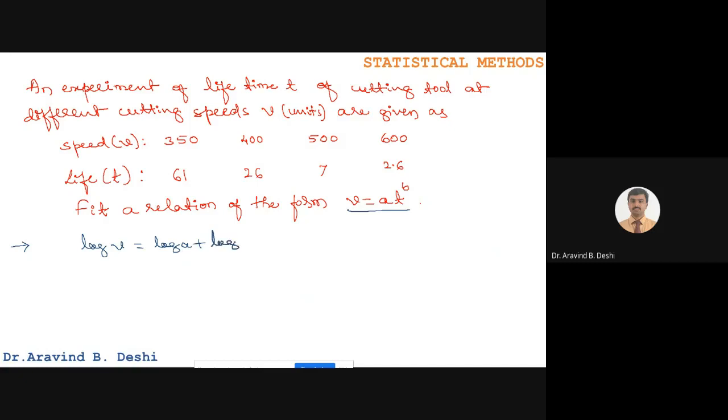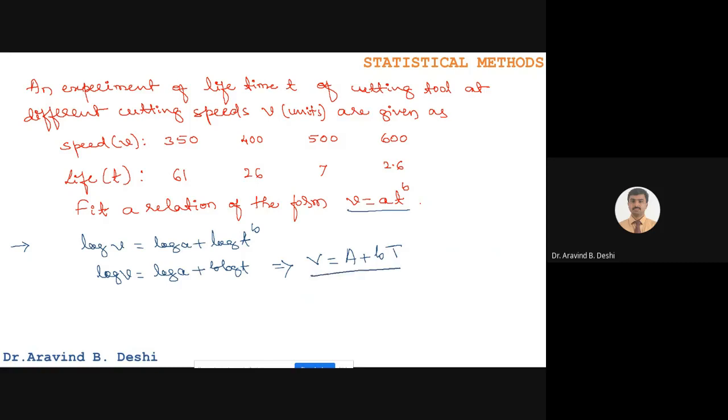Next, by the log power property, log v equal to log a plus b into log t, which becomes a straight line form. I can write log v as capital V equal to log a, which I write as capital A, plus b into capital T.